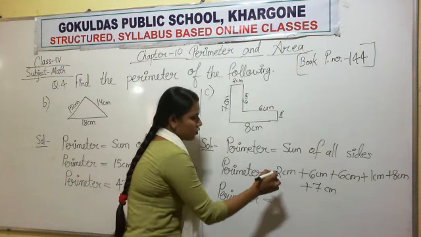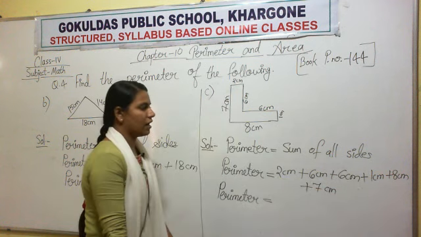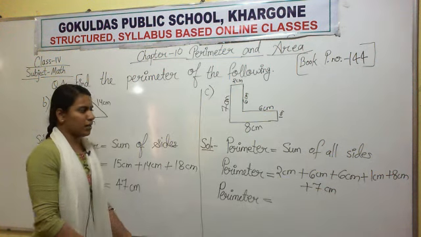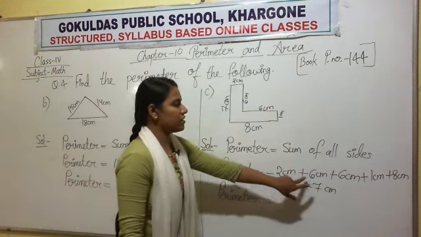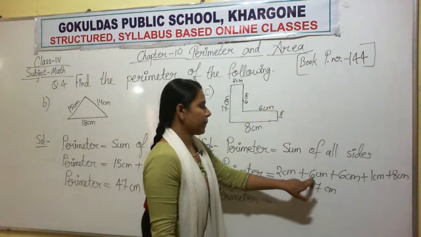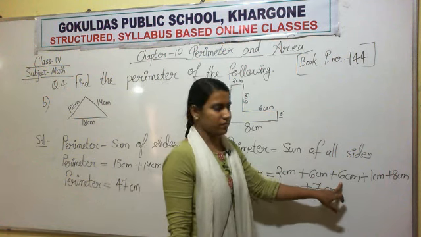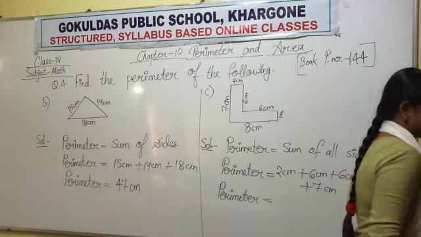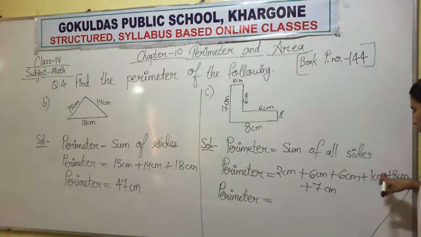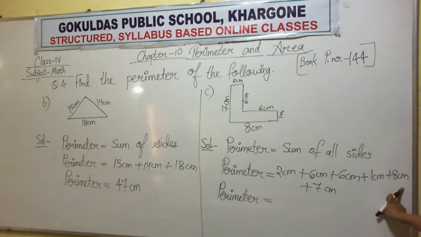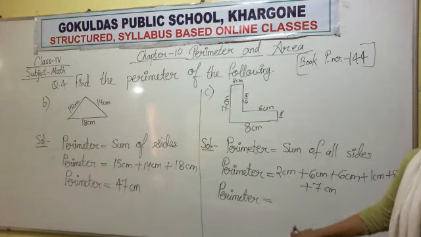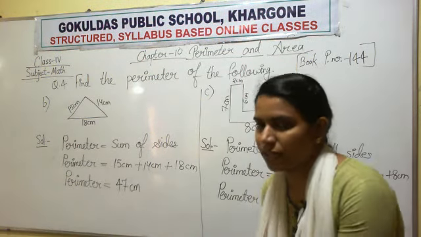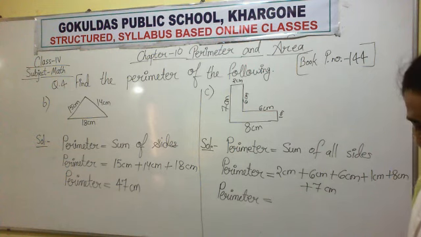Perimeter is equal to, now add all the numbers. Arrange them column-wise or add them as you want. 2 plus 6 is 8, 8 plus 6 is 14, 14 plus 1 is 15, 15 plus 8 is 23, 23 plus 7 is how much?